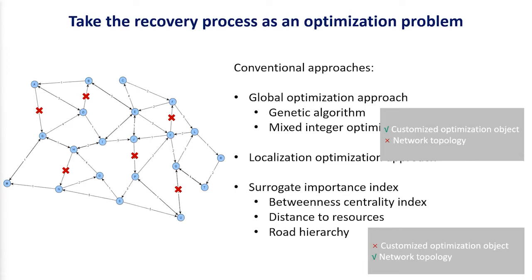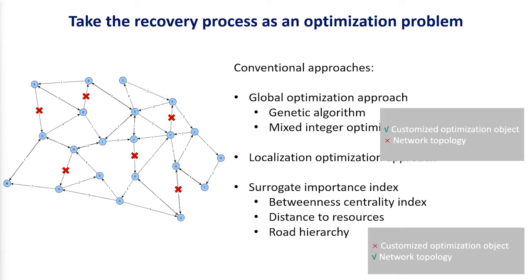For example, the betweenness centrality index only considers the network connectivity, so it will always try to improve the network connectivity. But we might like to consider other factors such as the reliability of each road segment, or the community that each road segment serves. It's important to consider these factors.